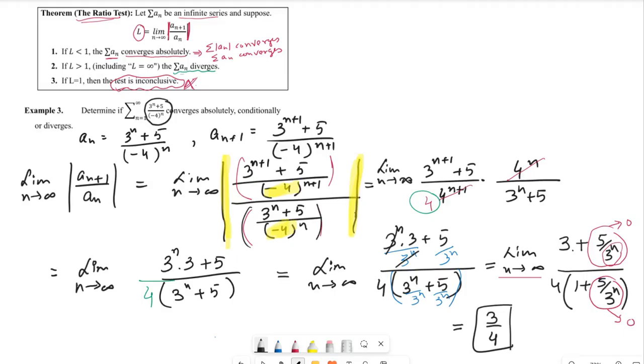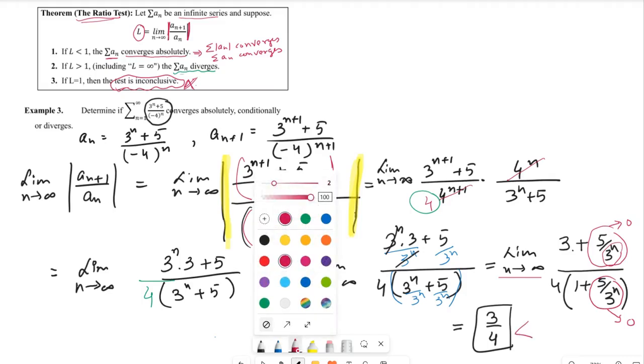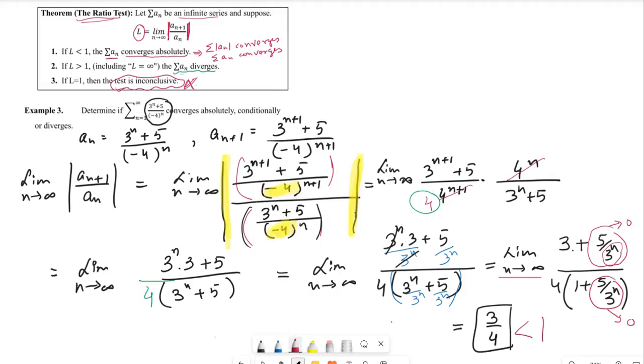Let's read back the ratio test. Is this less than 1, more than 1, or equal to 1? Clearly, this limit is less than 1, right? So the limit which we found, of a_(n+1) by a_n, is less than 1. Therefore, this series converges absolutely. What will be your answer?